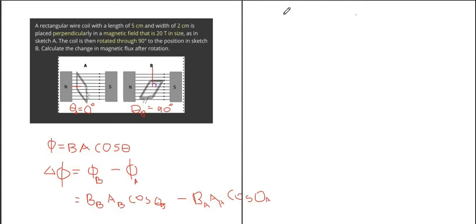But there are a few important things. You must realize that the magnetic field doesn't change, at least in this case. So the magnetic field at B is the same as the magnetic field at A, which was given, they said it's 20 Teslas, right?